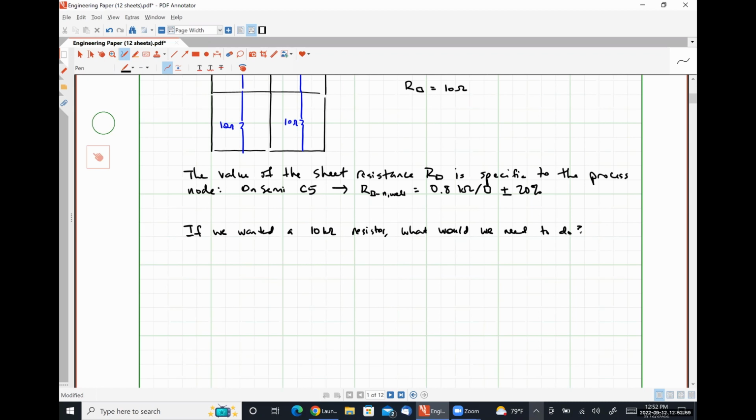So we know that the resistance overall is the sheet resistance times the length over the width.